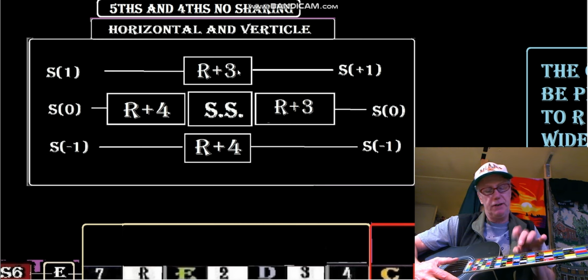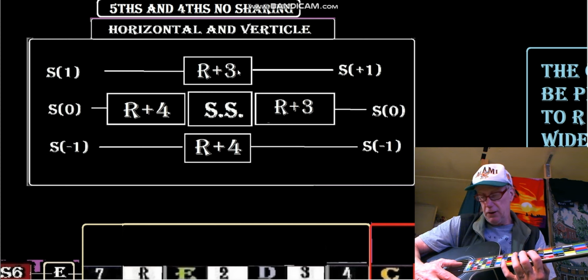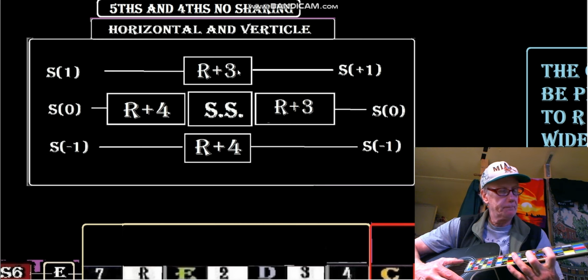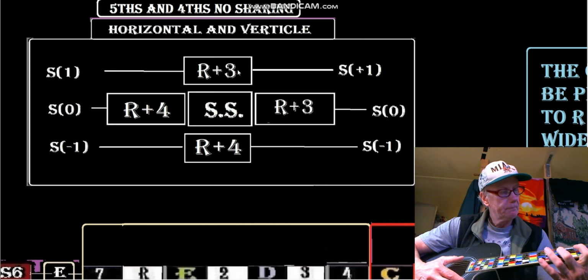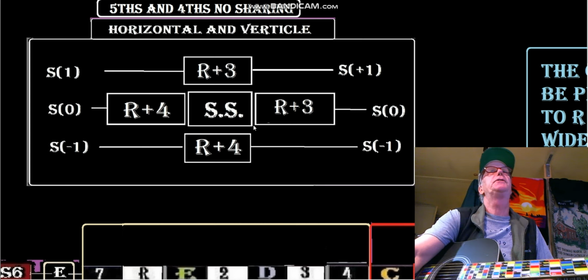We don't usually share when we're going vertically, but we like to share notes when we're going horizontally. So we'd rather do a caged advance.